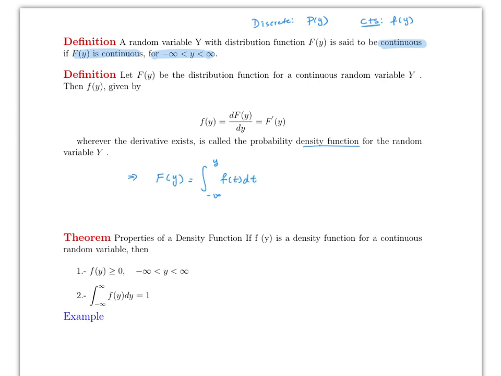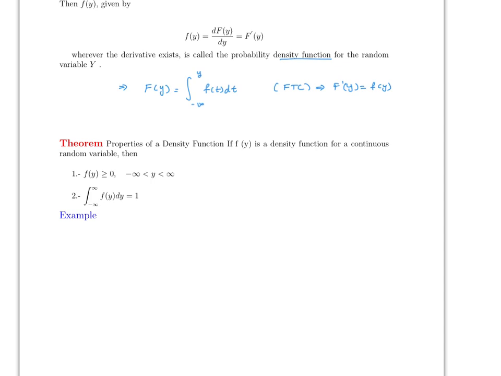And if you look at this closely, we have something like this in calculus 1, the fundamental theorem of calculus: the derivative and the integral will cancel each other out, and you will end up with F prime of y equals f of y.